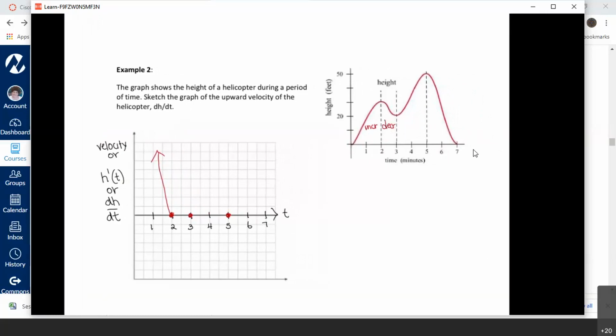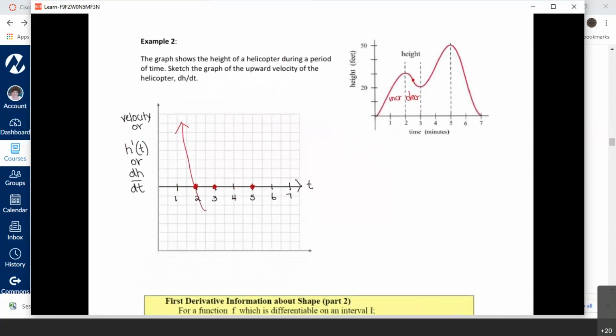That means from 2 to 3, the derivative y values are going to be below the t-axis in negative territory. So there's got to be a turnaround point in here somewhere, an inflection point, where the thing turns around. I'm going to put that right in the middle between 2 and 3, where it goes from being concave down to concave up. And that means this function will turn around. And again, you can see I'm hitting a 0 at 3.